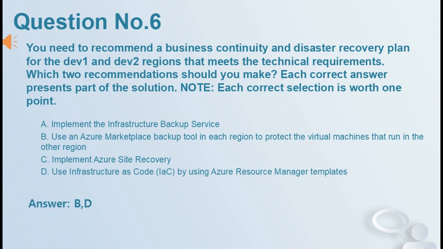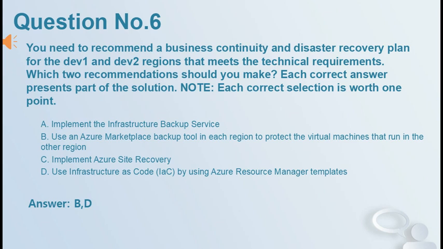You need to recommend a business continuity and disaster recovery plan for the Dev1 and Dev2 regions that meets the technical requirements. Which two recommendations should you make? Each correct answer presents part of the solution. Note, each correct selection is worth 1 point. A. Implement the infrastructure backup service.